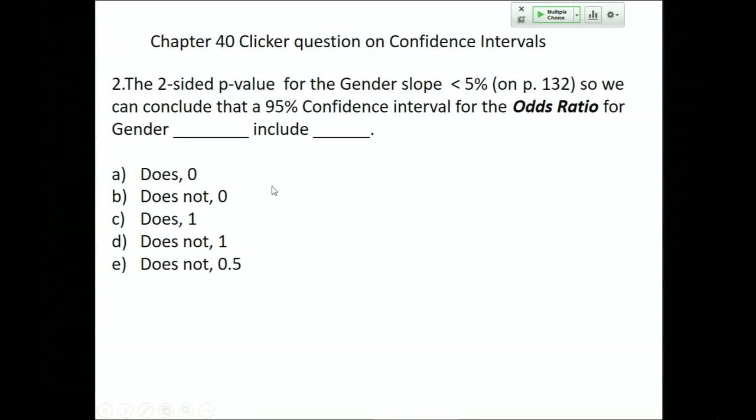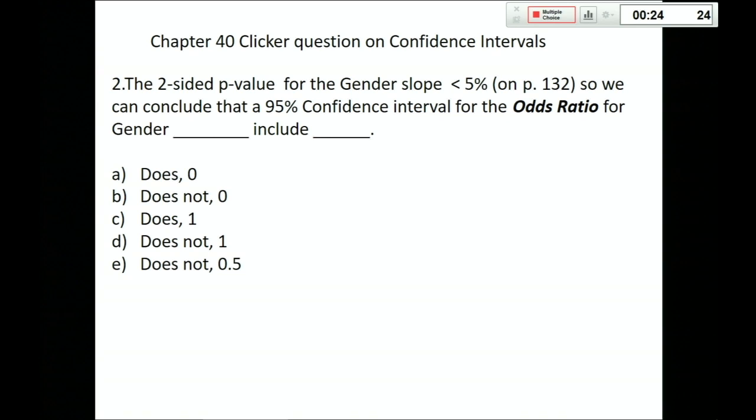And now we're asking a question about the odds ratio. The two-sided p-value for the gender slope was less than 5%. So we can conclude that a 95% confidence interval for the odds ratio for gender. No, we're not talking about the slope anymore. We're talking about the odds ratio, the one we just computed.